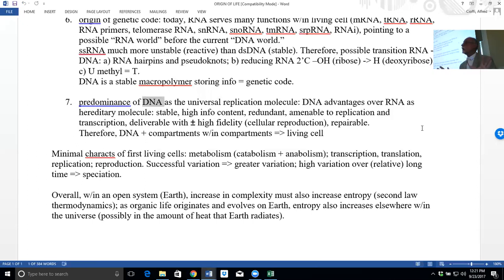We as Catholics have no problem with that because our question of God is further back to a previous origin, if you will, at the level of principles or laws, okay? But not at the level of a magic wand pulling rabbits out of a hat. That's a God we don't believe in. Okay? So what would be the minimal characteristics of a living cell?